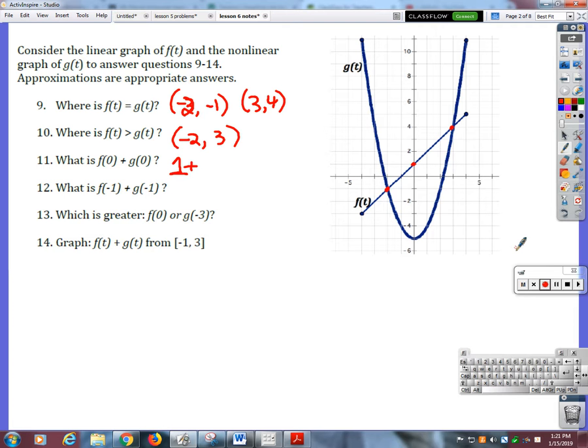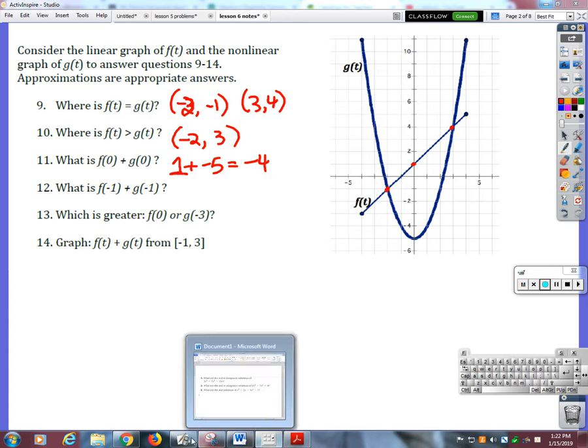Okay, so now same thing, but I'm going to go to the g function. So it's -5. So Nathan, you were doing g of 0. So I know you're on the right track, but it wanted f of 0 first.